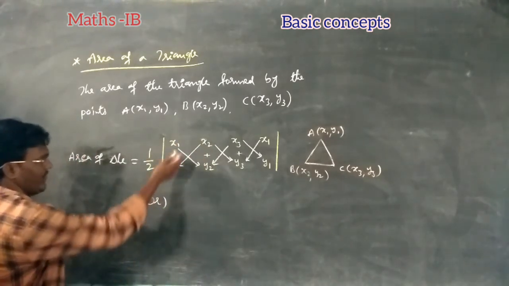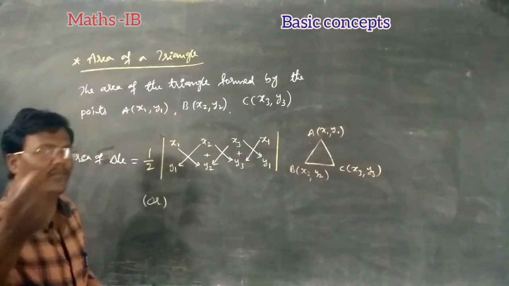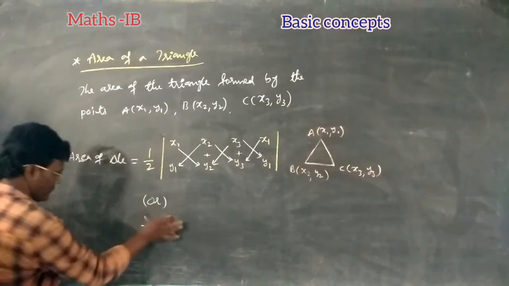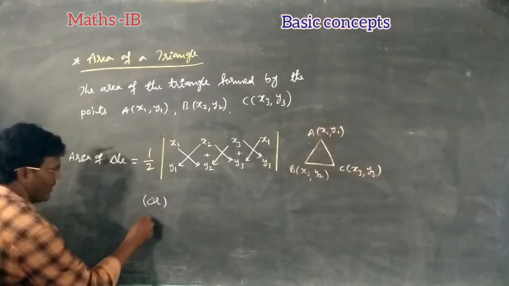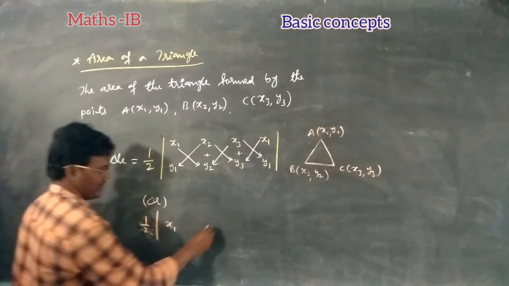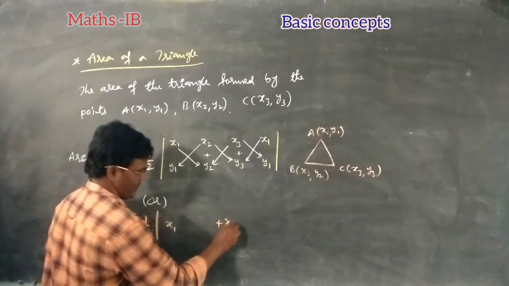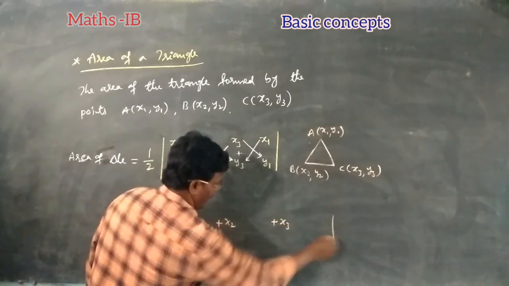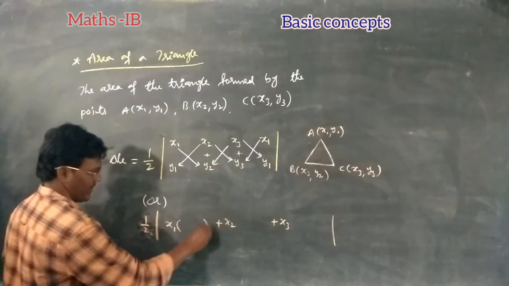If we simplify this concept, we get one final formula. The final formula is also half of, first x1 plus x2 plus x3, open the bracket here.